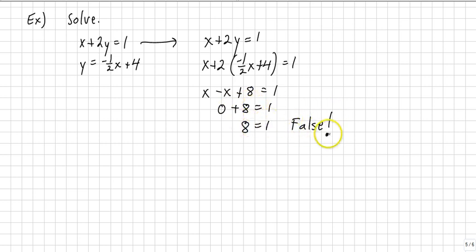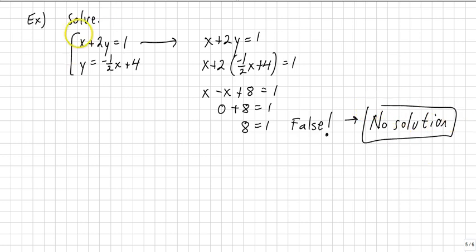So that's false. Even though we're solving a system, just like when you were solving a regular equation at the beginning of the semester, if you get a false statement like this, there's no variables anymore, we just get a false statement, that tells us that there's no solution. So this system has no solution.